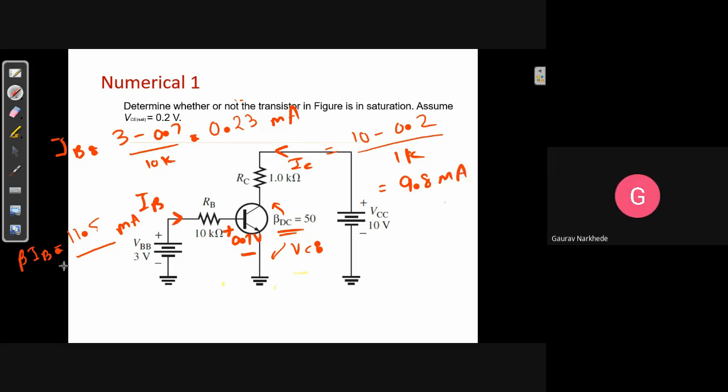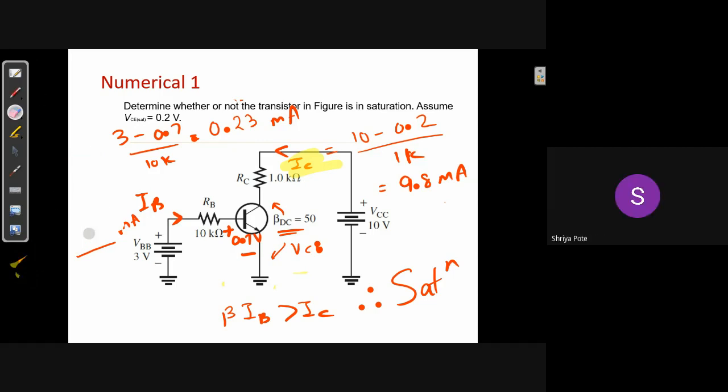If you compare beta times IB with IC, can I conclude that beta times IB is greater than IC? Yes. Therefore this transistor is in which region? Saturation region. Any problem in this?